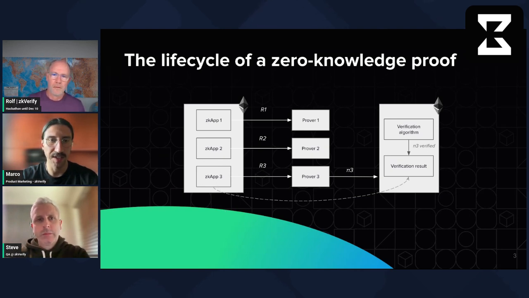And at a certain point, it will generate a proof upon certain inputs, certain computations. And we have the prover generating a proof, P3, here in the diagram. And then the proof is verified on Ethereum through a verification algorithm.